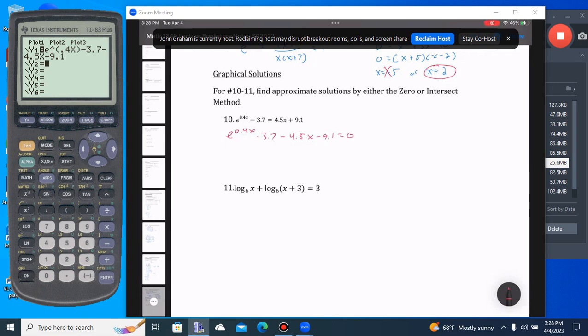All right. So this gives me one graph. Hit graph it. Let's do zoom standard. Right.